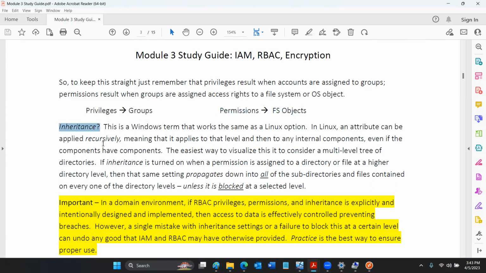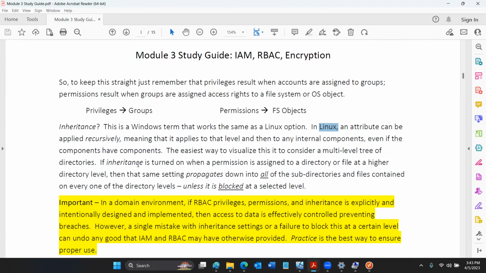Now you've already seen what happens with inheritance. Another thing that happens between Windows and Linux users is that people fail to understand how recursion in a Linux environment works just like inheritance. If you issue a command in Linux for a file system object and you use the -R attribute, you turn that on, that applies down into the lower levels of directories.